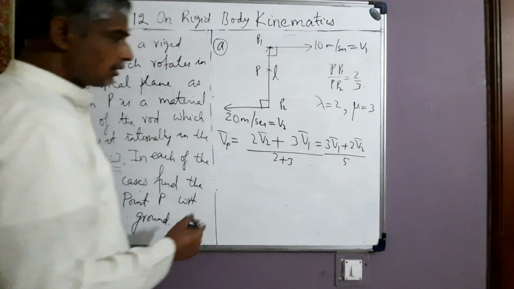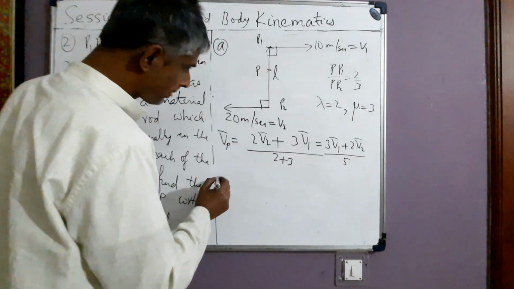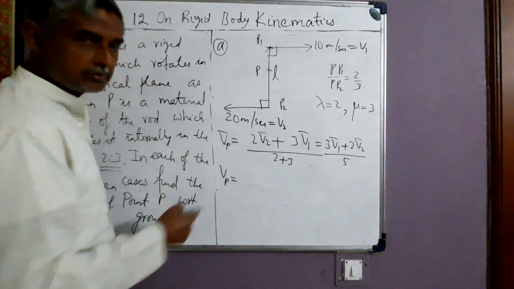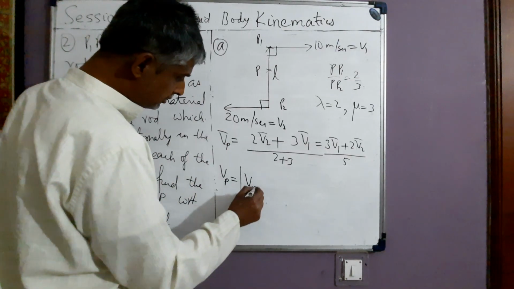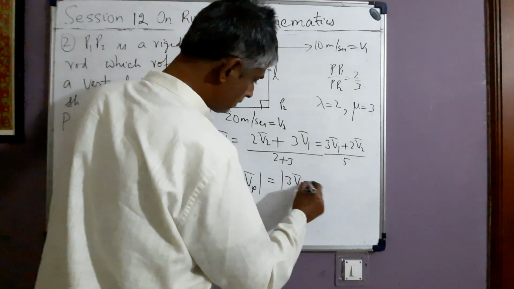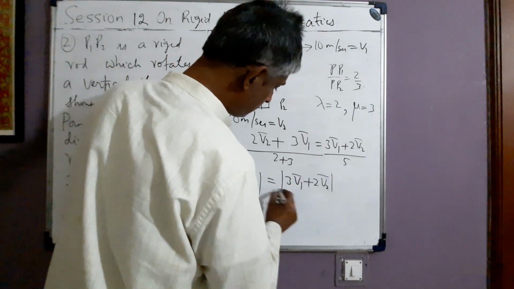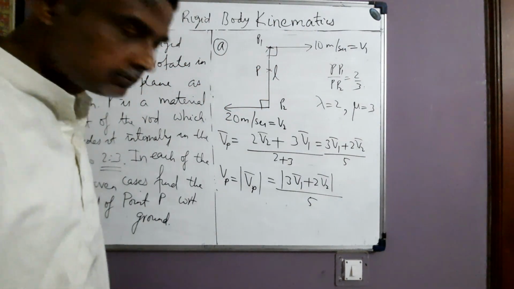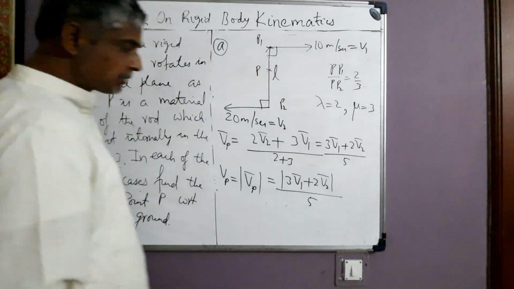Now you see one thing. This is the magnitude of velocity Vp. That becomes mod of (3V1 plus 2V2) upon 5.